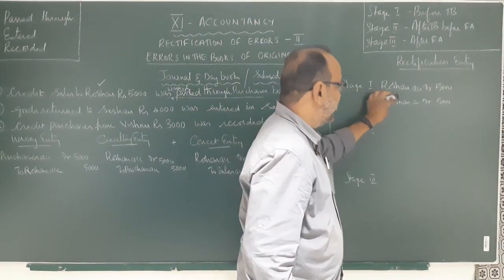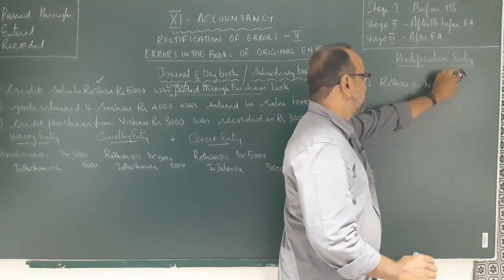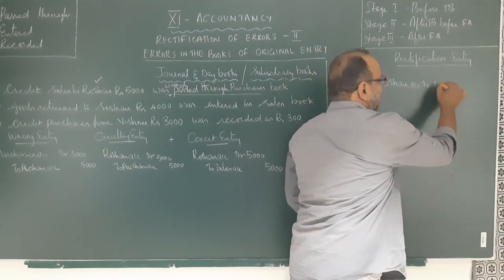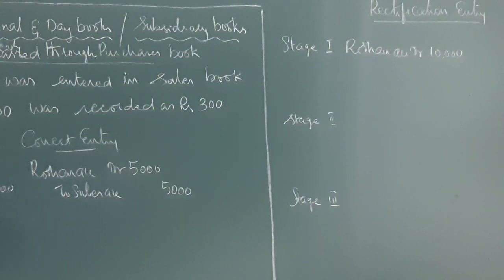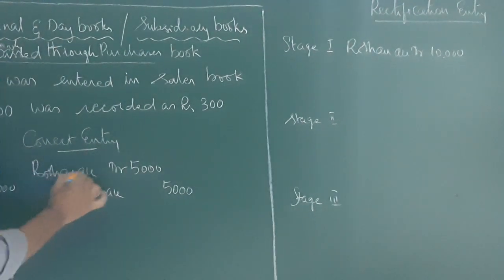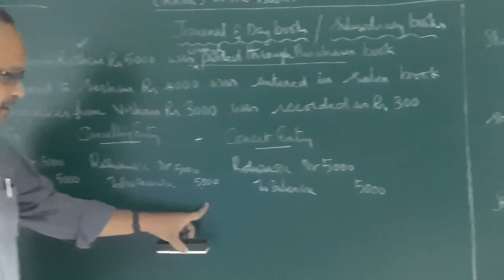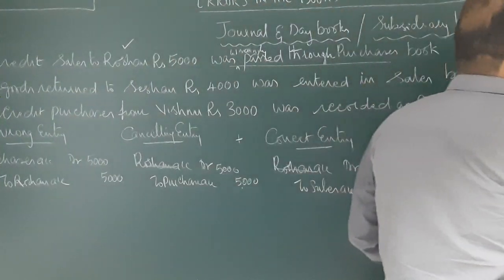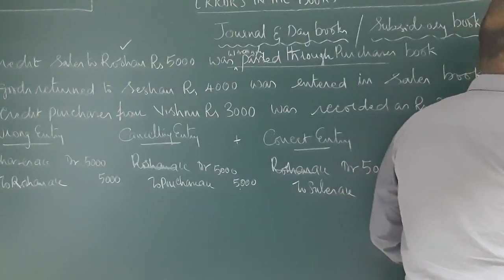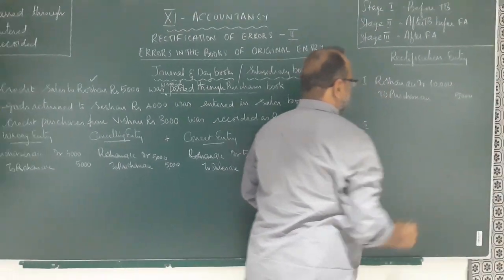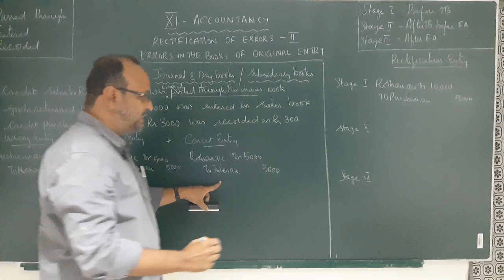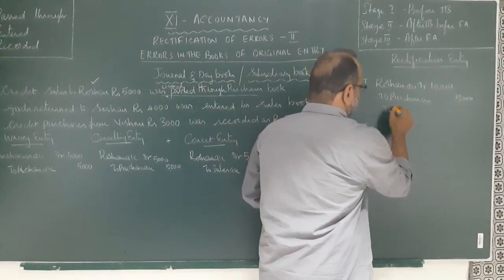We can write Roshan account debit once and we can write the amount 10,000. 2 times 5,000 is 10,000. So Roshan account debit 10,000. Now this over, we have got purchases account 5,000 to sales account 5,000.